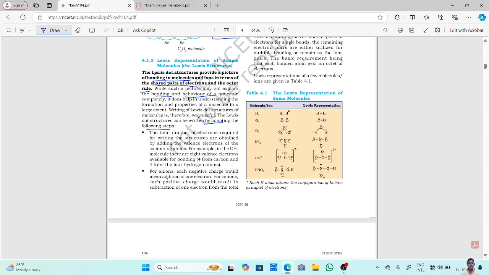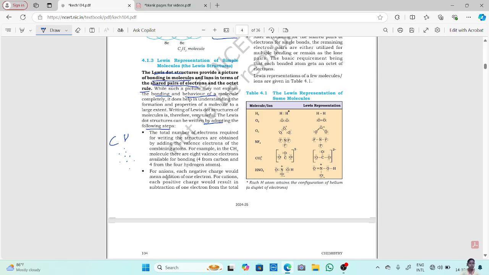For example, in the CH4 molecule, there are 8 valence electrons available for bonding, 4 from carbon and 4 from hydrogen atoms.